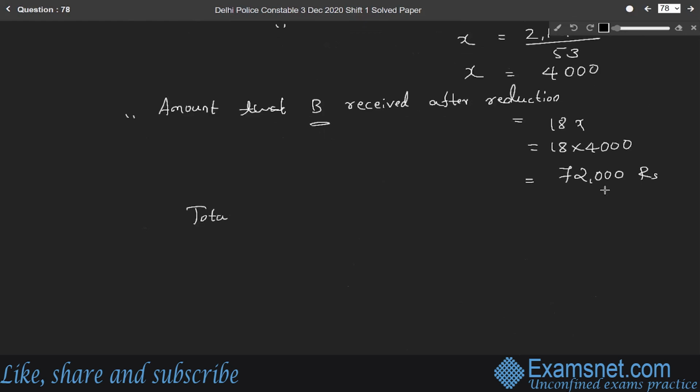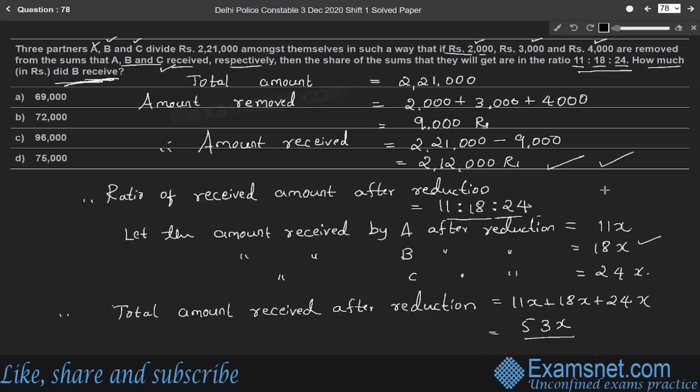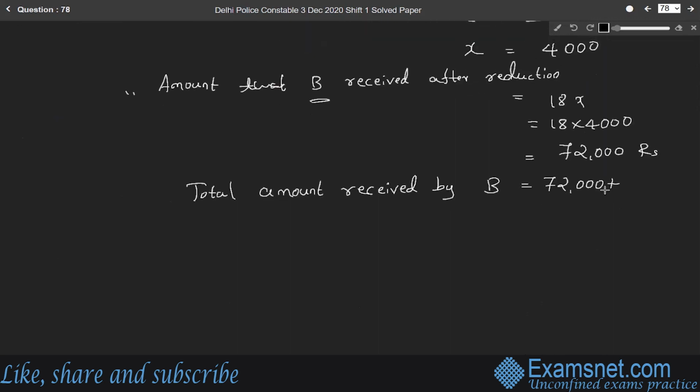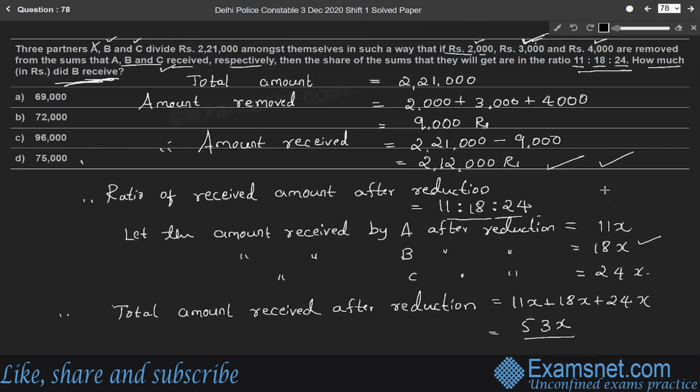Therefore, total amount received by B is equal to 72,000 plus, in the question, what amount was removed from B's account? It is 3,000, right? Therefore, removed amount was 3,000. Therefore, 72,000 plus 3,000, which is 75,000 rupees. So, total amount received by B is 75,000, hence option D.